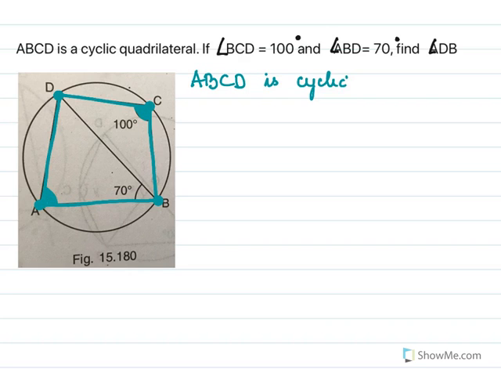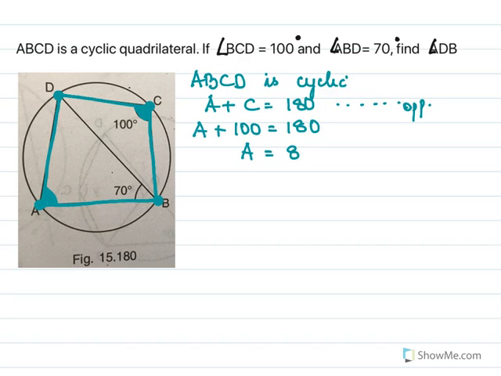So C and A are opposite, so I'll write A plus C is 180. Reason: opposite angles of a cyclic quadrilateral are supplementary. So we have A plus 100 equals 180, so A will be 180 minus 100, and that is 80. So this is going to be 80.